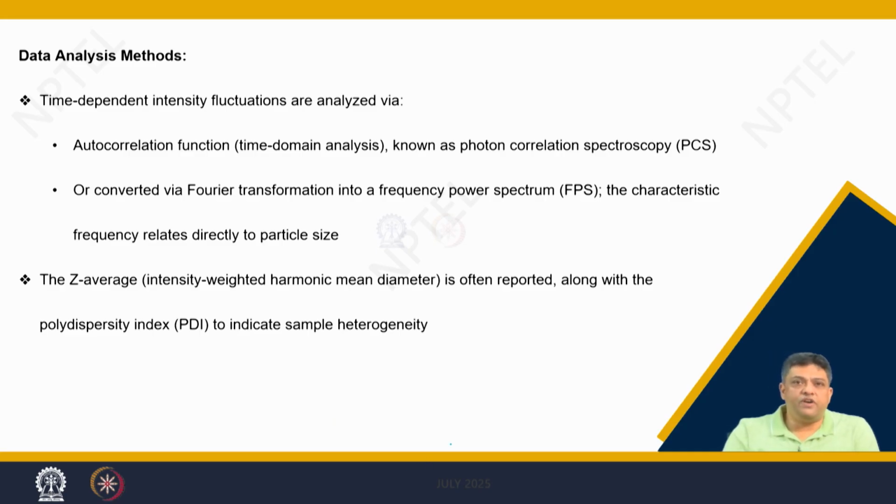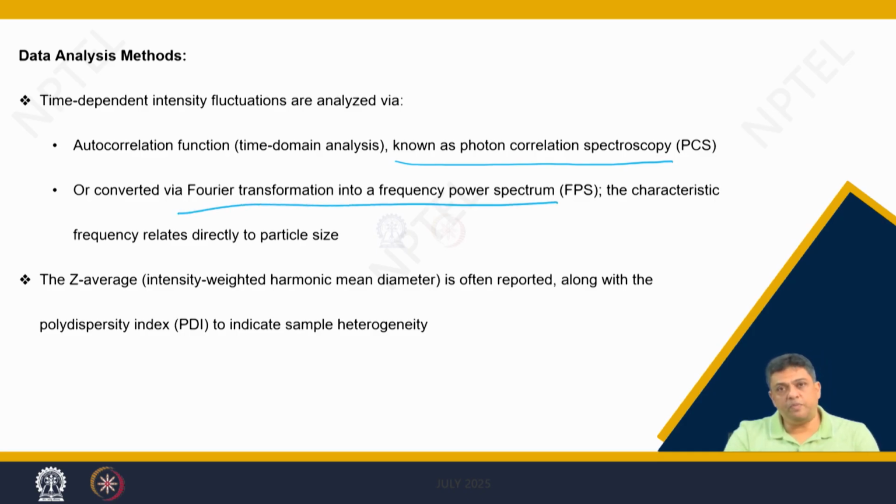Once you have the autocorrelation function, which is also known as photon correlation spectroscopy, you can either use this or convert the signal via Fourier transformation into a frequency power spectrum, FPS, and the characteristic frequency then relates directly to the particle size. The average Z is often reported along with the polydispersity index to indicate sample heterogeneity.